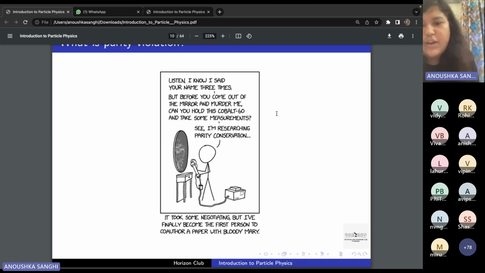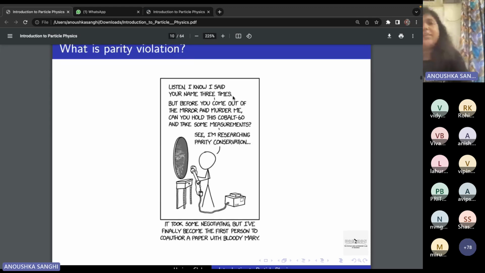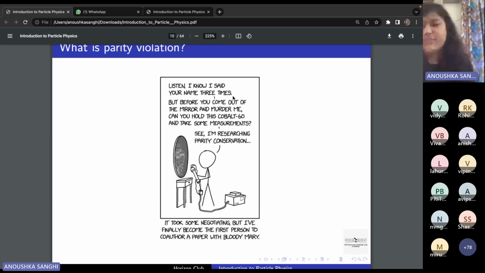For now, I think you should just know about this parity violation. This is a brief on what parity means and how it has been violated: the results we obtain in one coordinate system should also come in another coordinate system, which means just the reflection coordinate system, right?